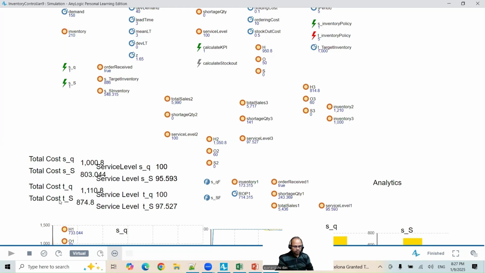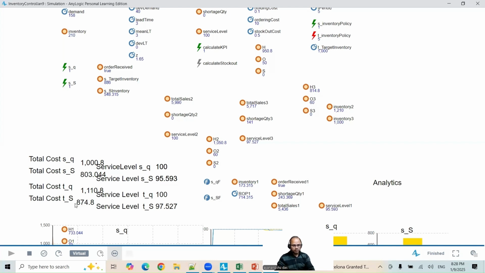The fixed period target inventory has lower costs, definitely. So the fixed quantity and target inventory based policies are performing better in terms of costs with a compromised service level. It is now on the managers whether they want to go with the SS policy and compromise slightly on the service level, or go with 100% service level.